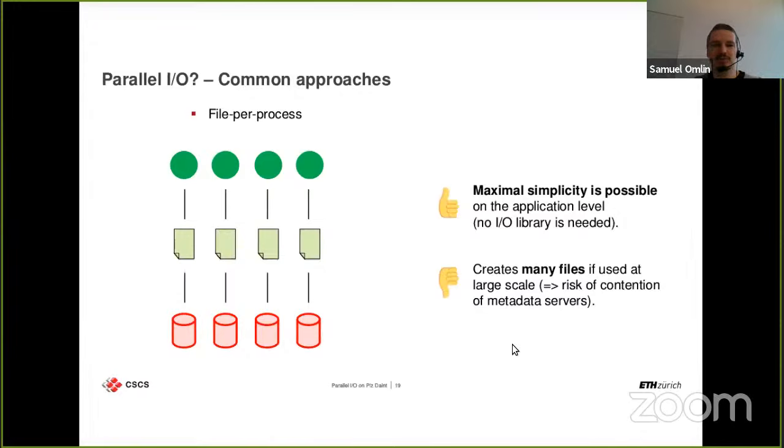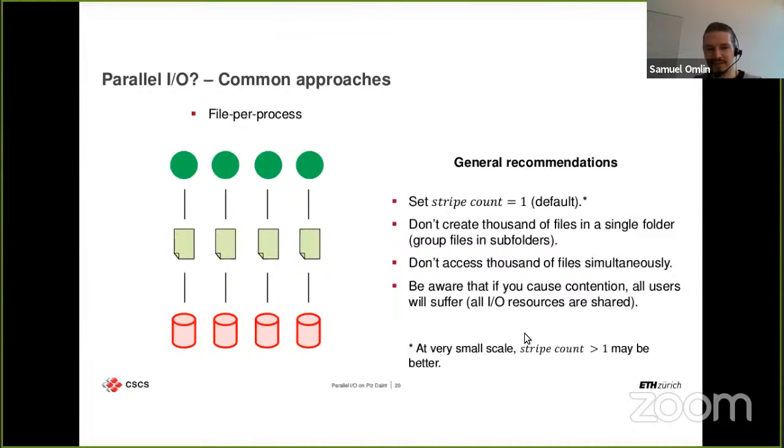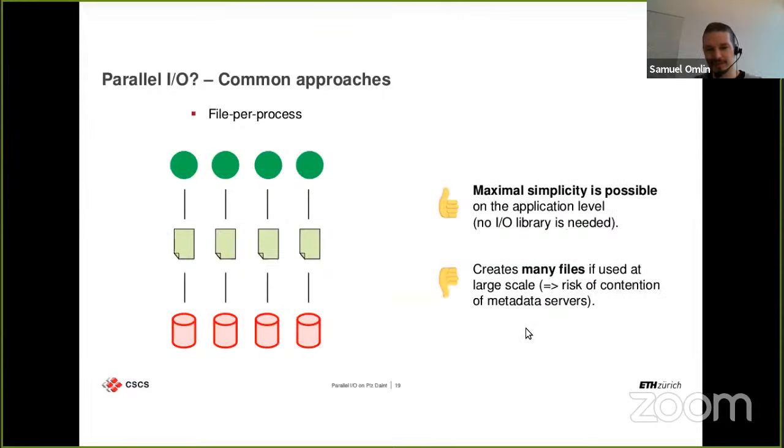Also, typically you will get maybe one file even per time step if you have a simulation with time steps. And so you can really get a lot of files, and this is not good because it brings down the file system, as you risk contention of the metadata service.